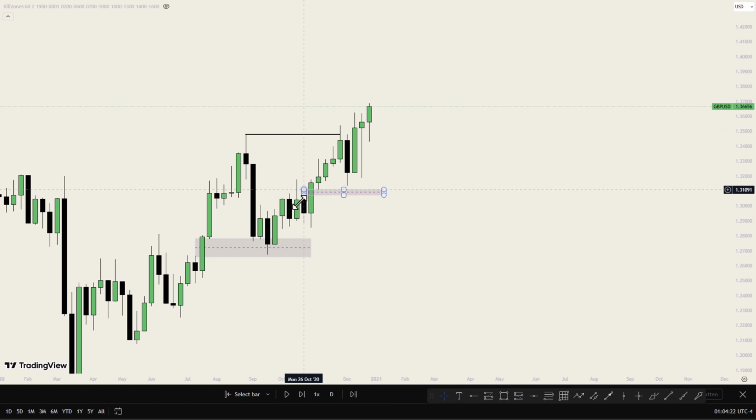The price has left this fair value gap open, and sometimes price will violate the rule, but it's okay.